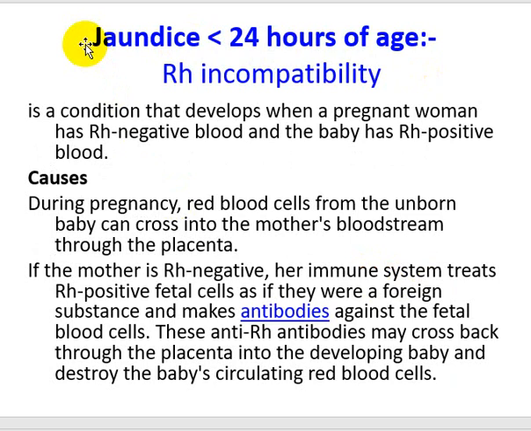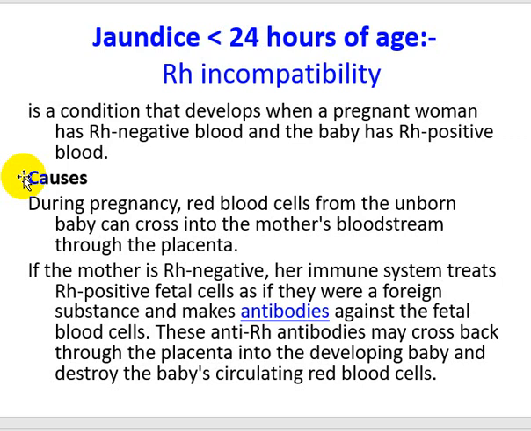When the mother is Rh negative and the baby is Rh positive, this condition is developed. Why does this condition develop when the mother is blood group negative and the baby is positive? During pregnancy, the red blood cells from the unborn baby can cross into the mother's bloodstream through the placenta.